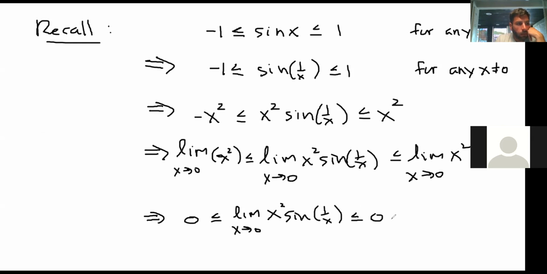And there's only one number on the planet that can at the same time be less than or equal to 0 and greater than or equal to 0. The only number that satisfies that is 0 itself. And so, of course, what we can conclude is the limit is indeed 0, as we guessed.